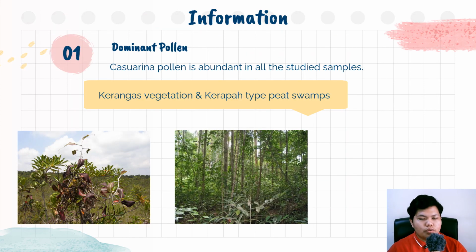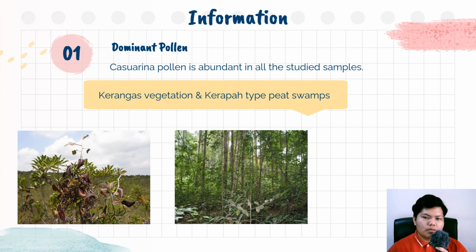So with the data from the table earlier, what does it mean with Casuarina pollen being the most dominant pollen among the others in the studied rock samples?